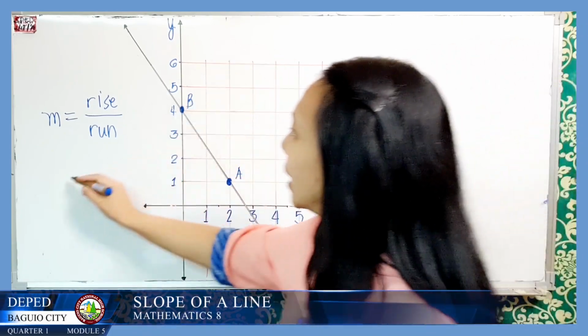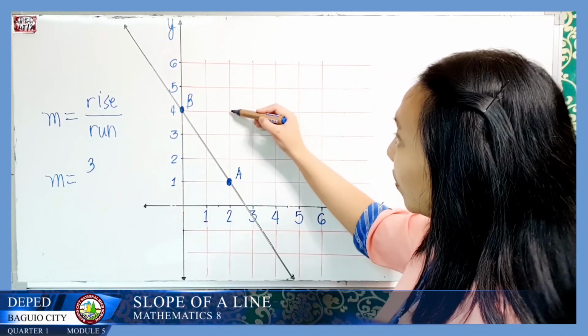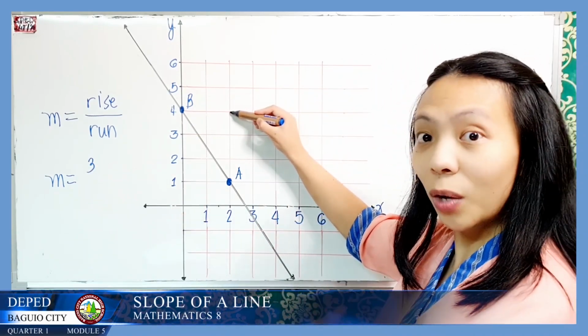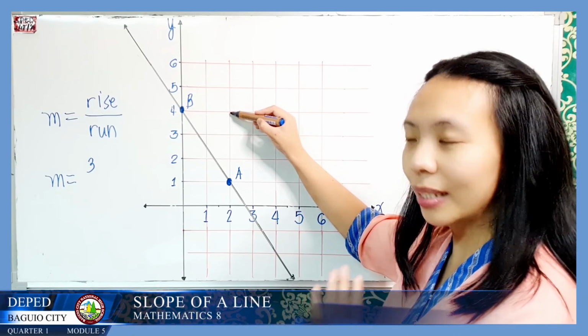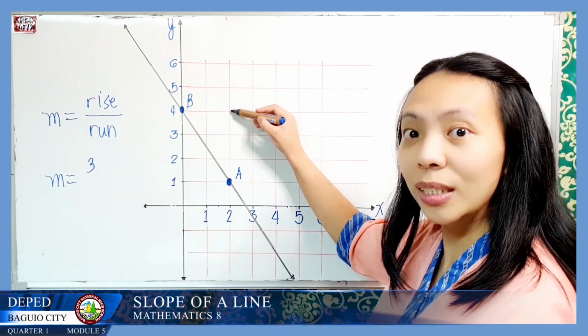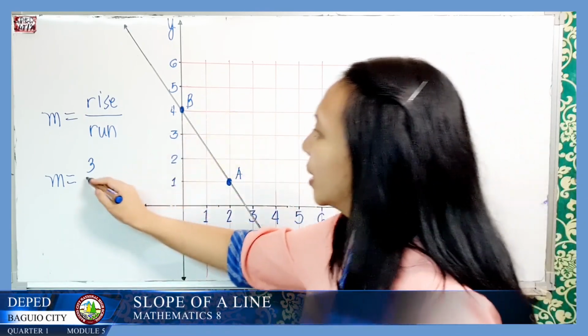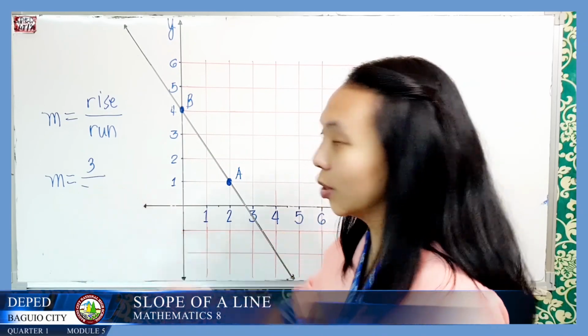So the rise here is 3. From this point, we're going to run to the left. Now let's count how many units we are going to move. 1, 2. Since we move to the left, that should be negative.